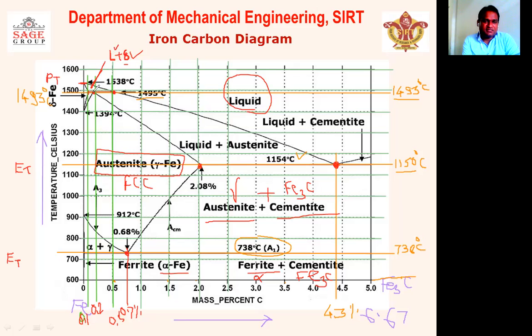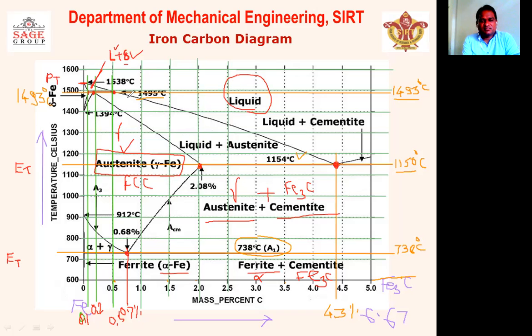Now after the peritectic reaction, at this point this phase is converted into one solid, that is austenite, denoted by gamma. So the peritectic reaction shows the transformation of phases, liquid plus solid delta, into a single solid, austenite.